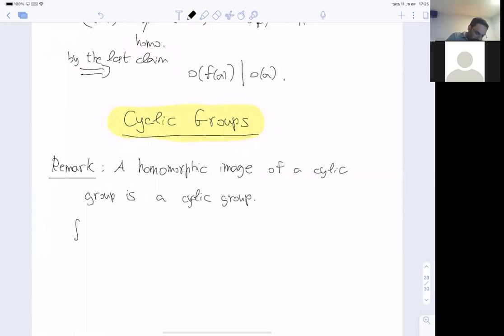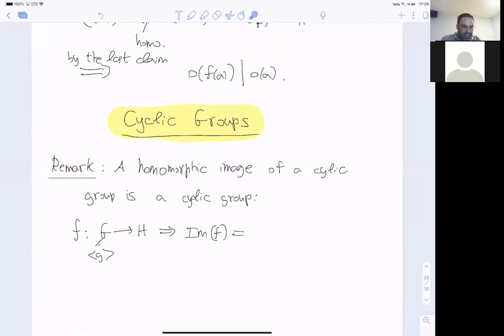Because if you have a homomorphism from G to H, and G is cyclic, what is the image of F? The image of F is generated by the image of G, because everything here is a subpower of G. So you only should take care of the image of one G.